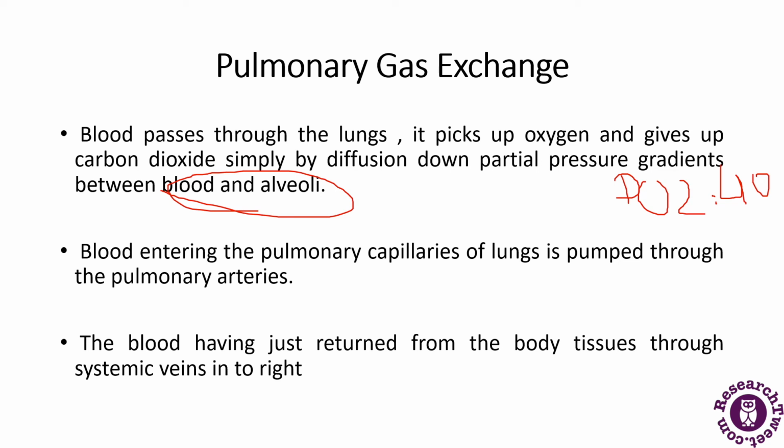So after leaving the lungs, the blood which now has a partial pressure of oxygen of about 100 mmHg and a partial pressure of CO2 of about 40 mmHg is returned to the heart and then pumped out to the body tissues as systematic arterial blood. So this is about the pulmonary gas exchange.